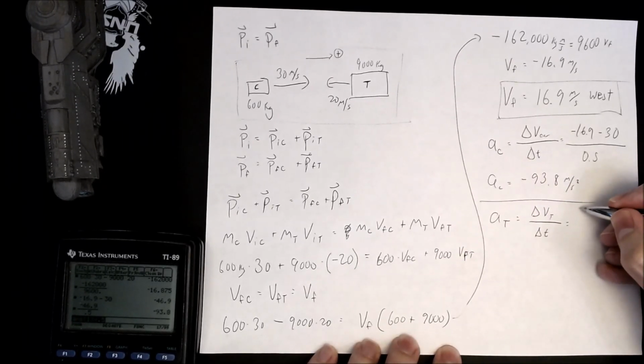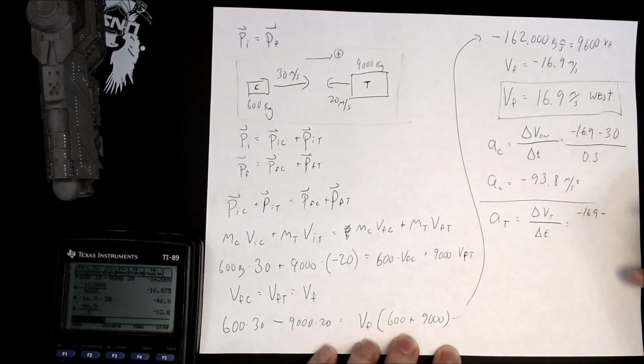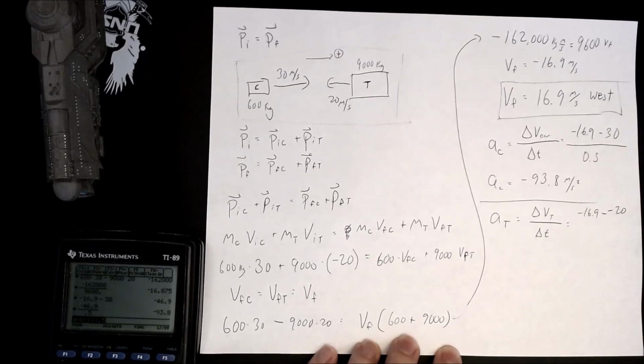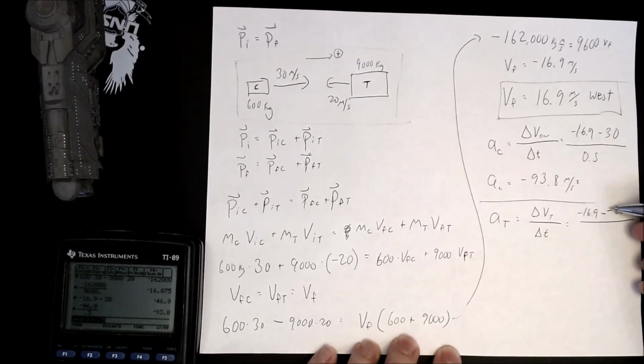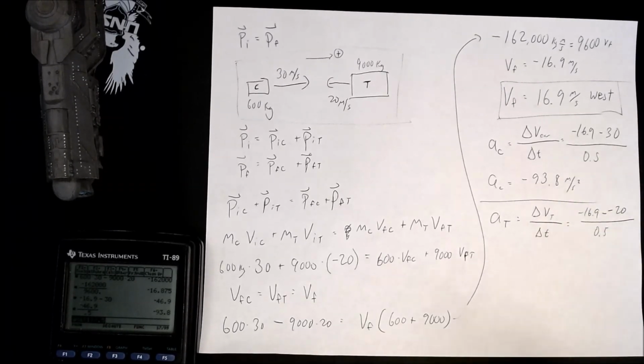That's going to be the final velocity, negative 16.9, minus the initial velocity, which was negative 20. So those are going to just add over 0.5, and we get negative 16.9 minus 20 divided by 0.5.